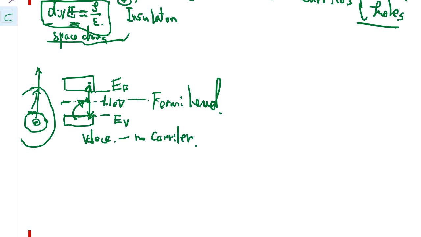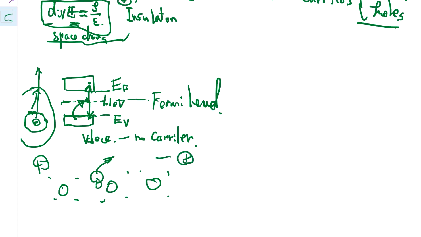Okay, now in the crystal, the electrons are very orderly. When this one moves to the free band, there is a hole. So when you have an electrical field applied this way, this hole can accept another electron here, right? So the electron moves this way, the hole moves this way.